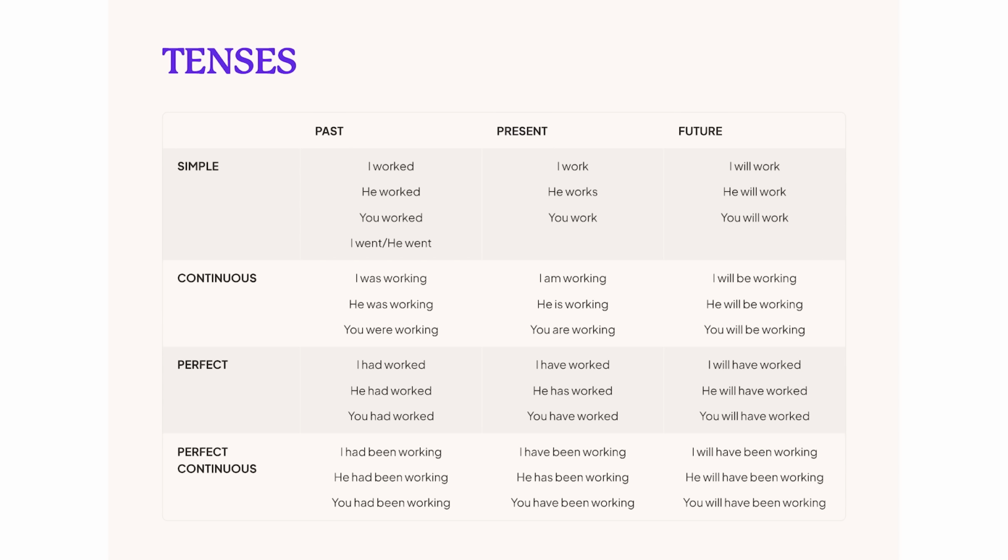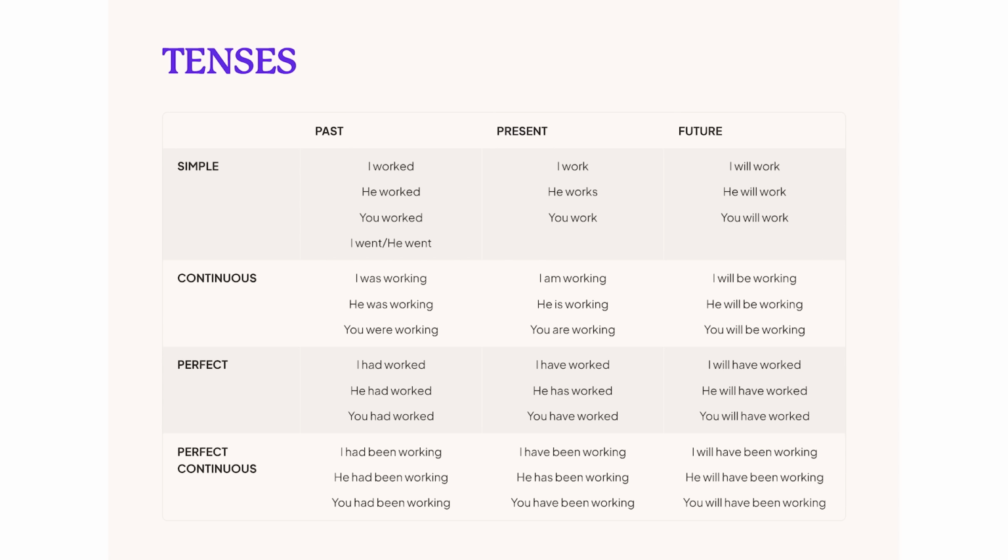Let's move on to the past tenses. Past simple. For regular verbs, use the formula verb plus ed. For irregular verbs, use their second form. I worked, he worked. I went, he went. Past continuous: was, were plus verb plus ing.